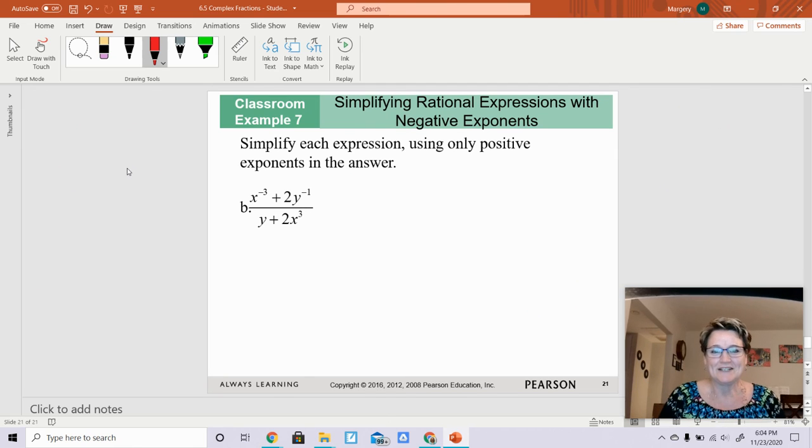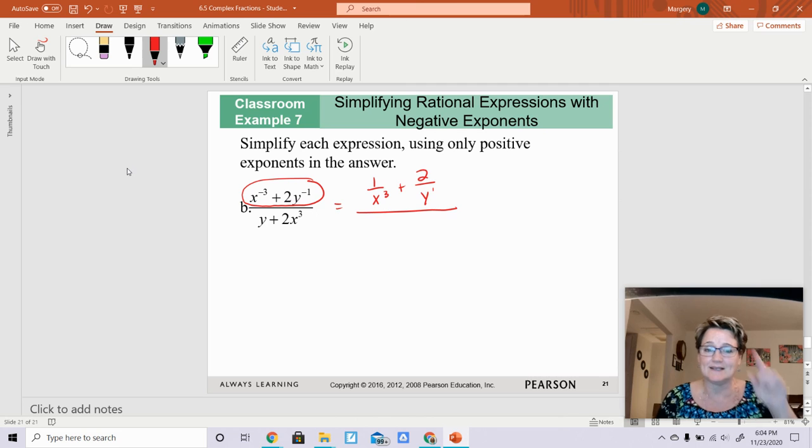Okay. So again, oh my goodness, break this down and turn it into a fraction. So 1 over x cubed plus 2 over y to the first. Now, the reason why I have it that way is because the only thing that has a negative exponent is the y. And then this one here is y to x cubed.